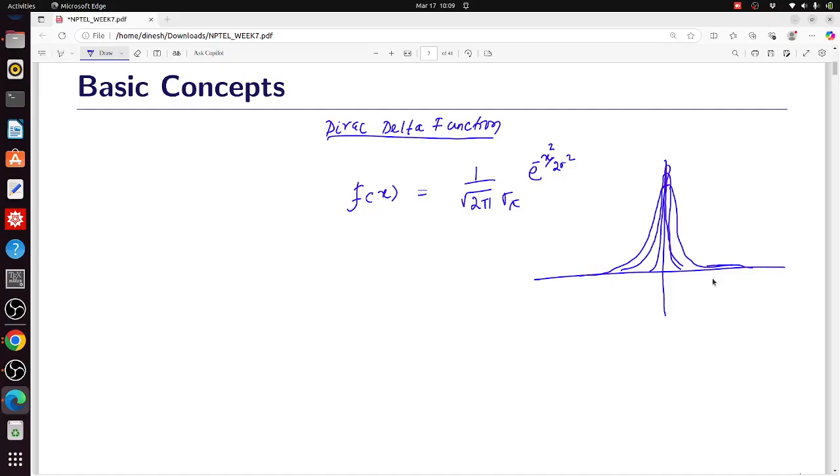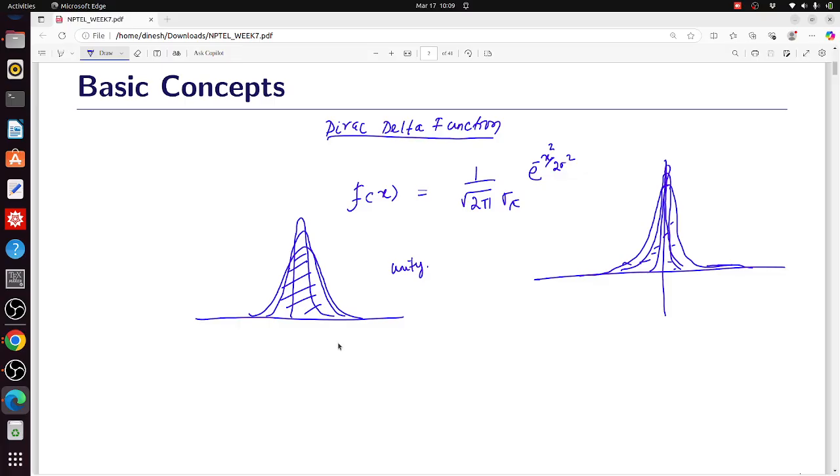The peak becomes larger and larger for reduced sigma. This happens in a very precise way, such that the area under this curve is always unity. That means if you reduce sigma, the peak will increase, but the area remains the same.